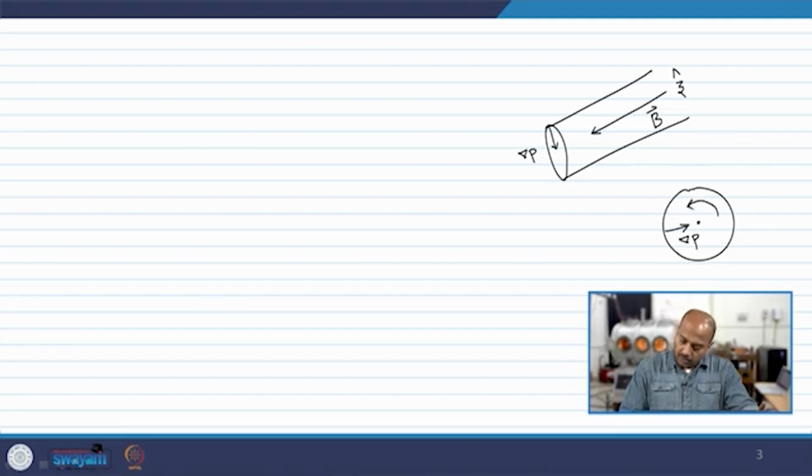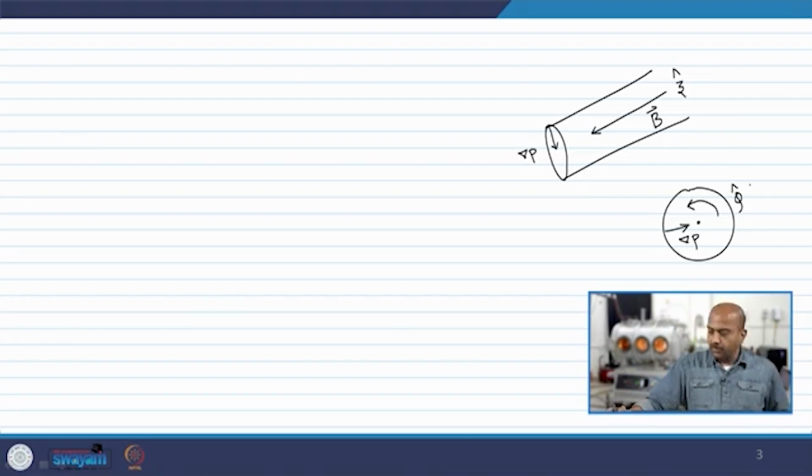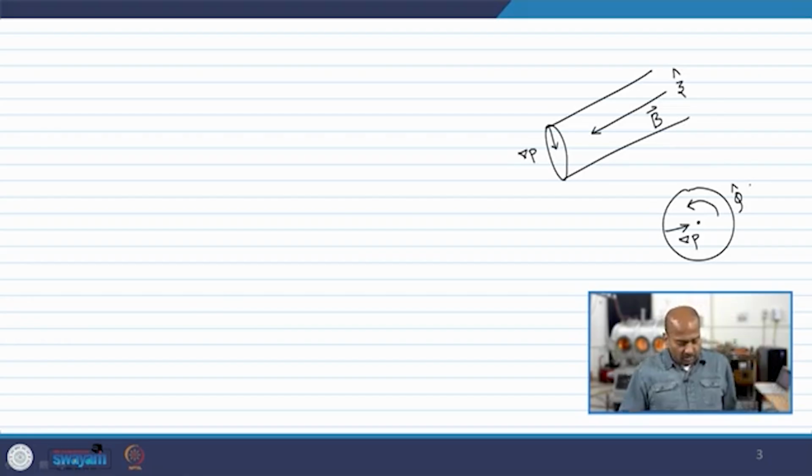So, this direction is represented by phi cap, and you have the radius which is from the center. In this picture the magnetic field is pointing along the axis of symmetry, which is called the z axis, and the pressure gradient is towards the center of the cylinder, and this direction is rho cap.